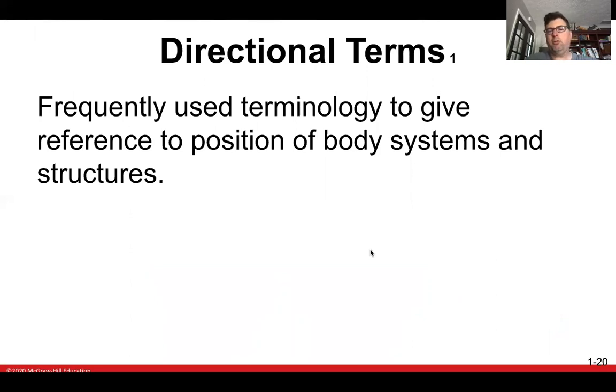Now, there's some additional terminology that we're going to introduce early and practice a lot. These are frequently used terms that are used to describe the relative position of structures on the human body.